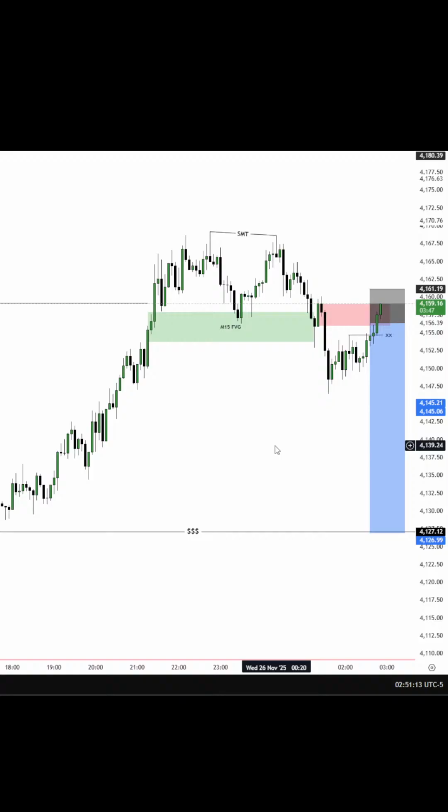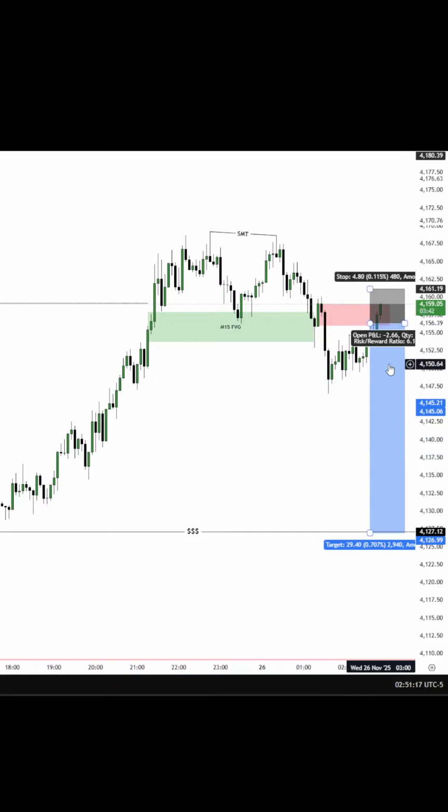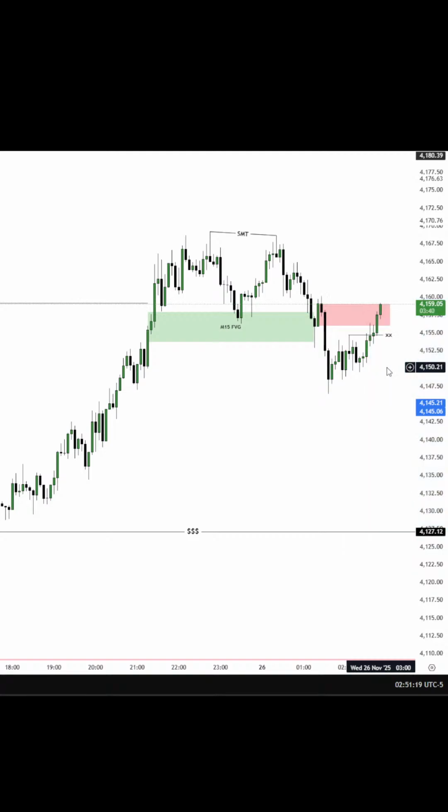Right now we can just wait for confirmation. So this is not the trade we want actually. Let's wait for the confirmation right here.